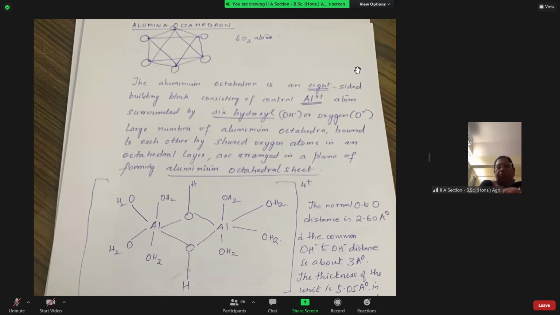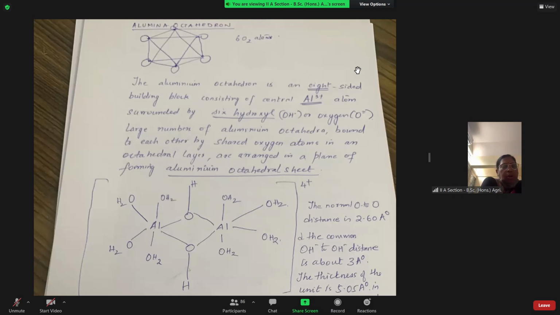So you can see in the picture, as well as in the notes I have already sent you, 2 aluminum ions are connected to 6 oxygen atoms or 6 hydroxyl groups.